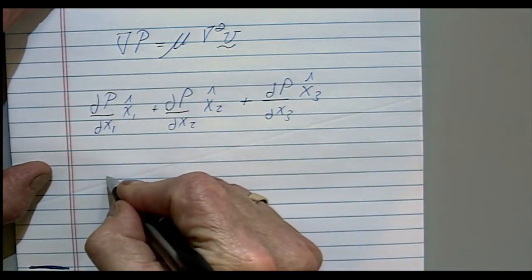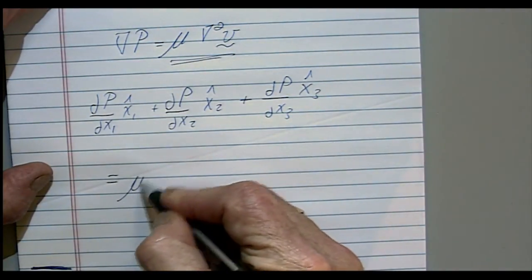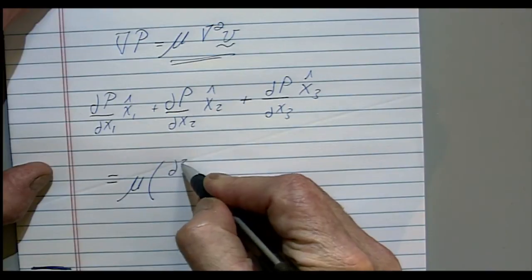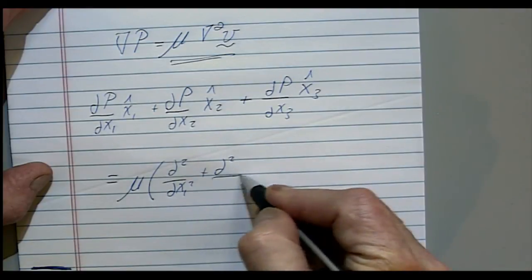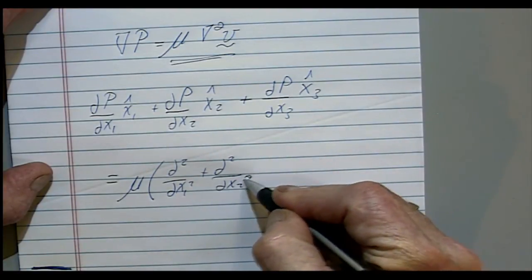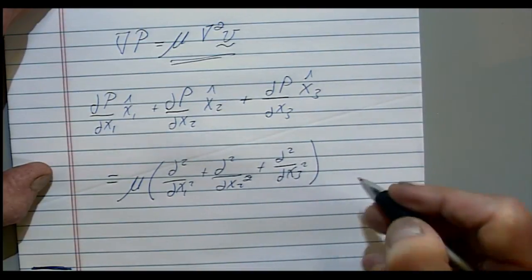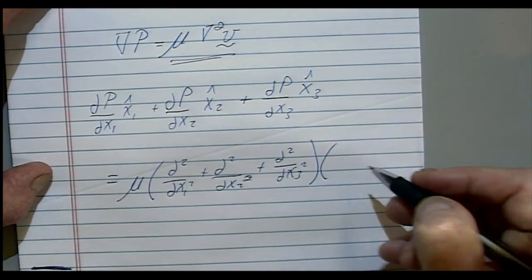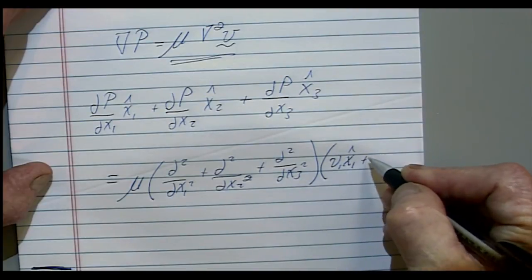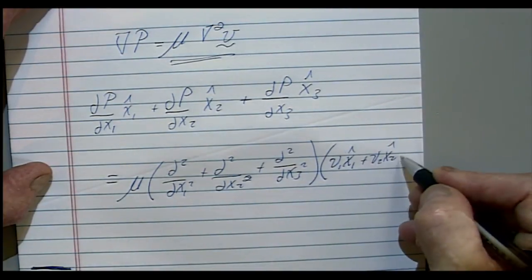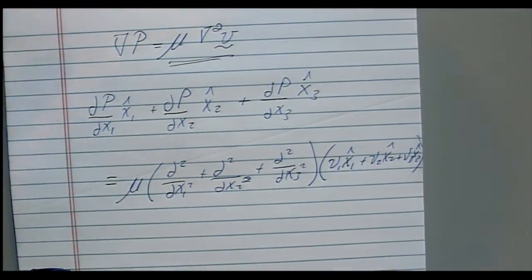Okay, and that would equal the bit on the right-hand side of the equation, so it's the viscosity, times these operators, the second partial derivative with respect to x1 squared plus the second derivative with respect to x2 squared plus the second derivative with respect to x3 squared. And that's going to operate on the vector v1 x1 hat plus v2 x2 hat plus v3 x3 hat. And so that's what we're trying to operate on.